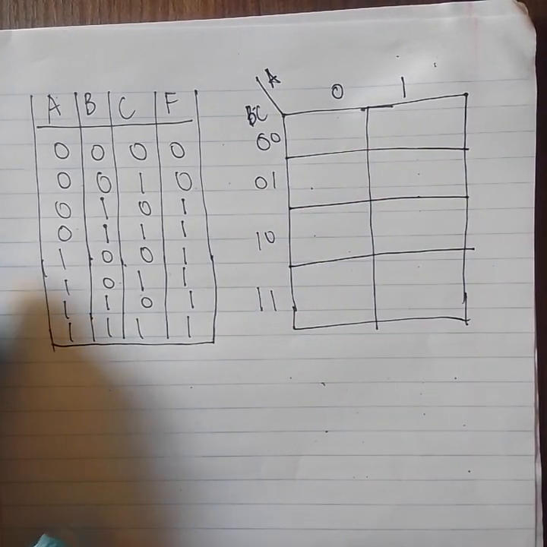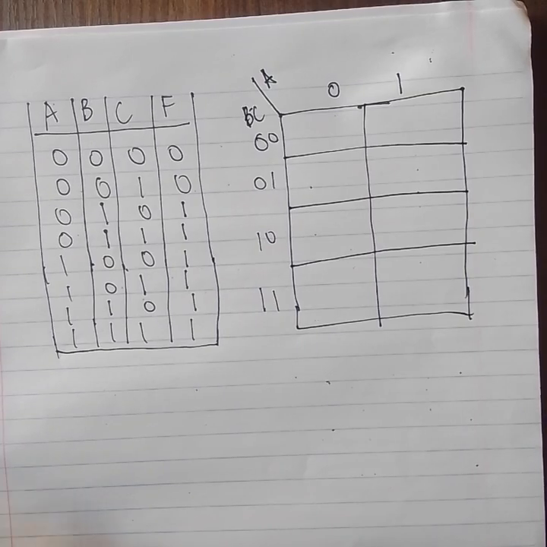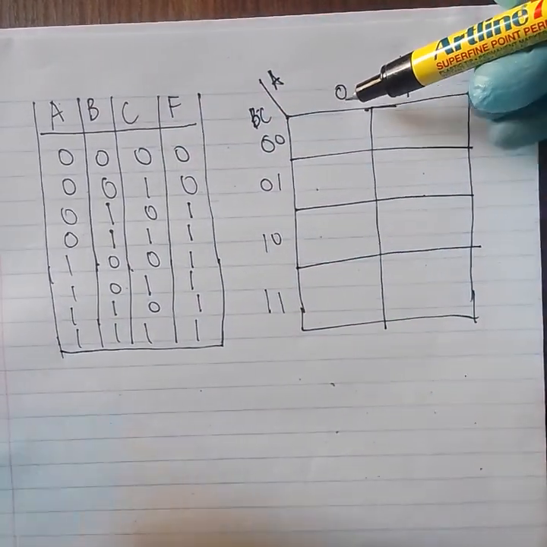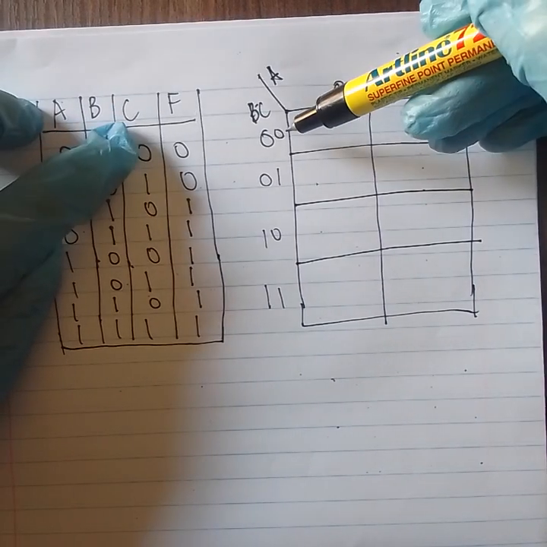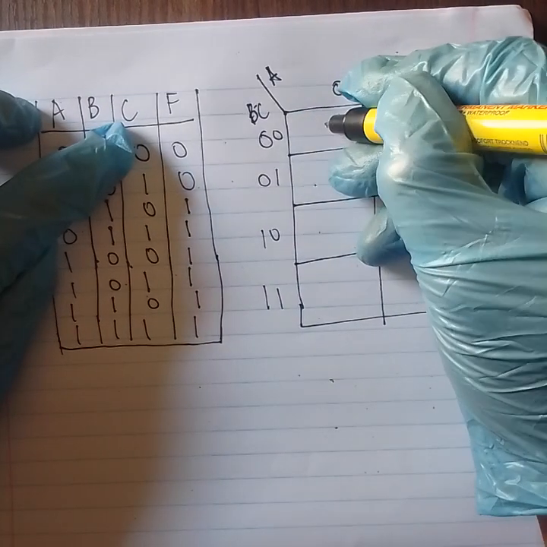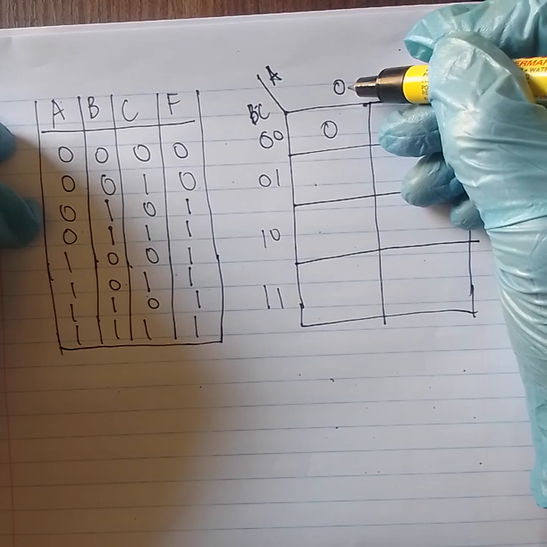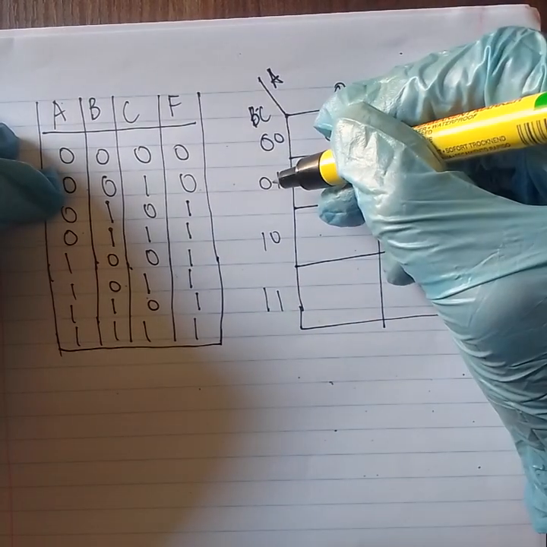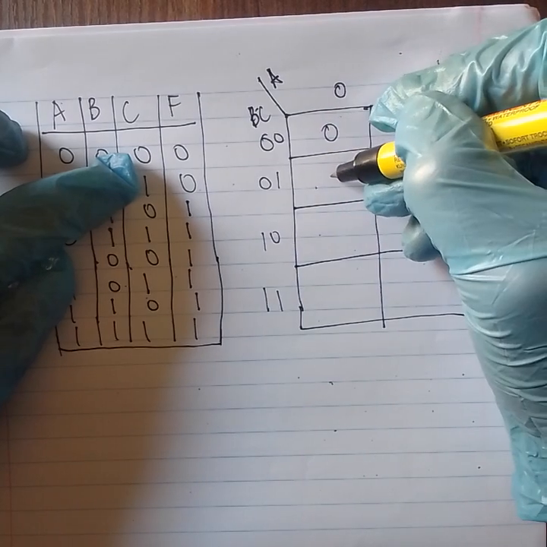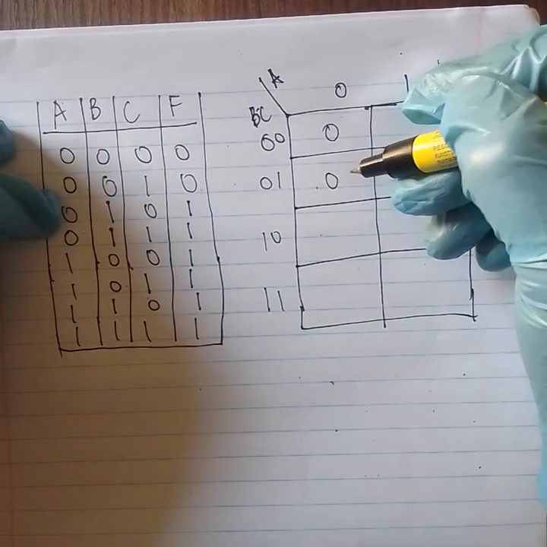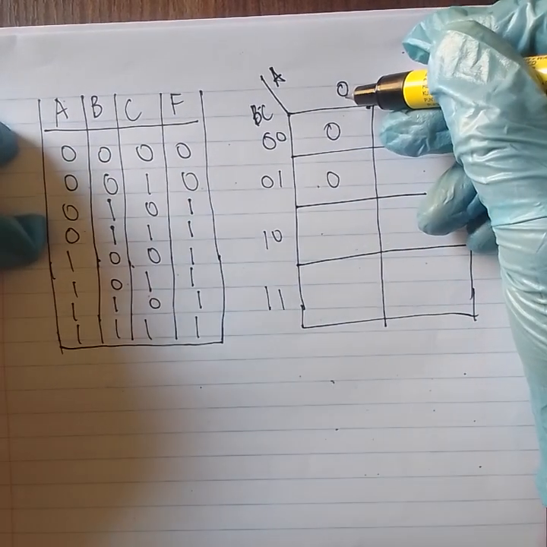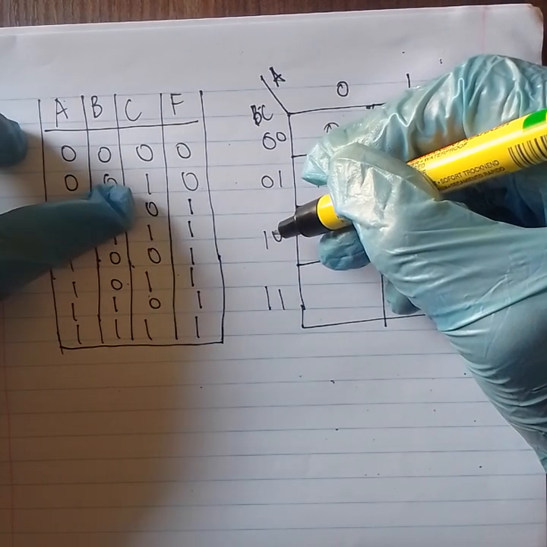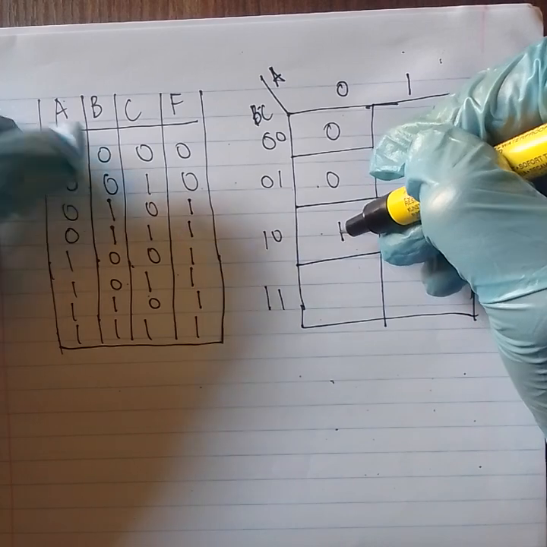Okay, let us now fill the K-map. When A is 0, B is 0 and C is 0, output is 0. When A is 0, B is 0 and C is 1, our output is 0. When A is 0, B is 1 and C is 0, our output is 1.